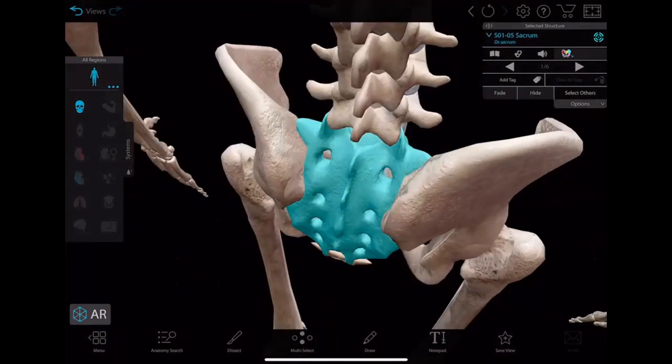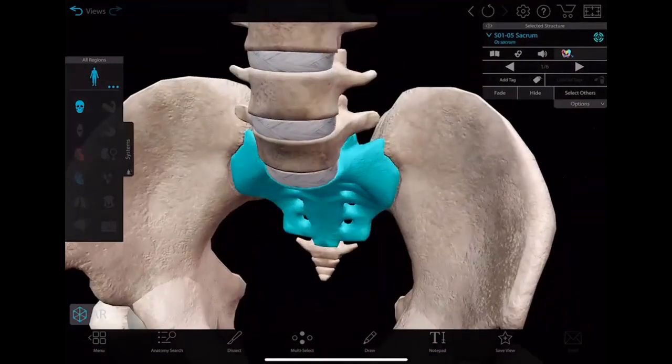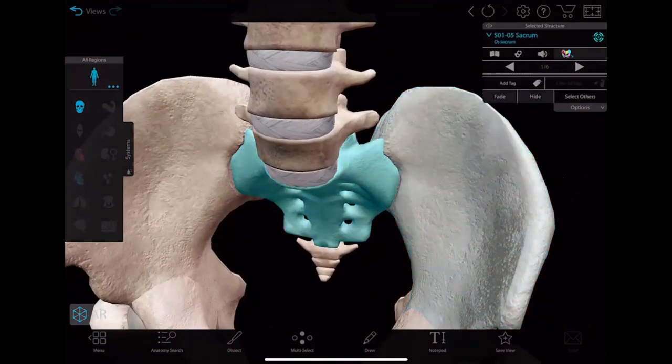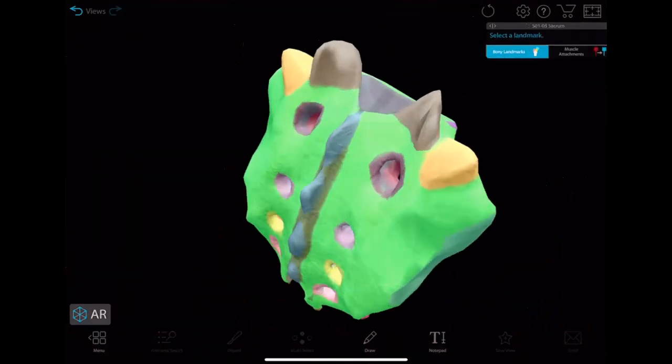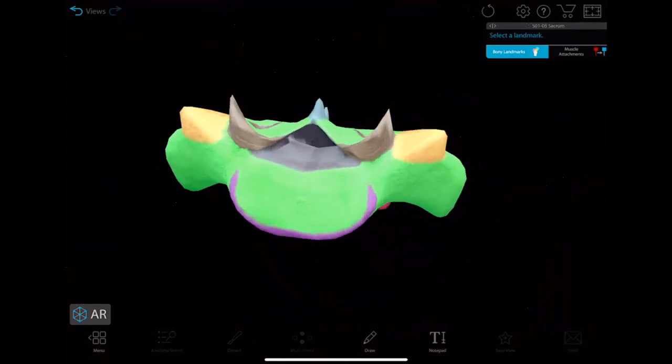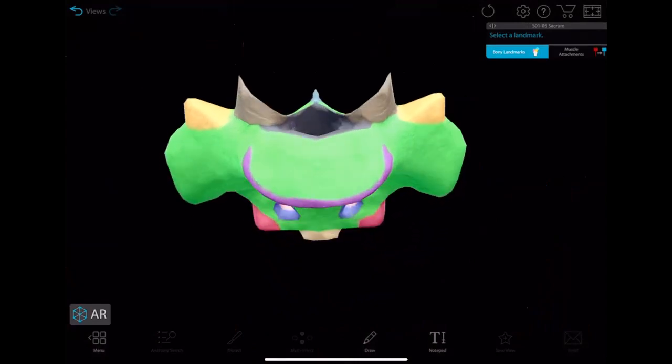Now I will show you the sacral canal. You see, that is the sacral canal, the opening there.